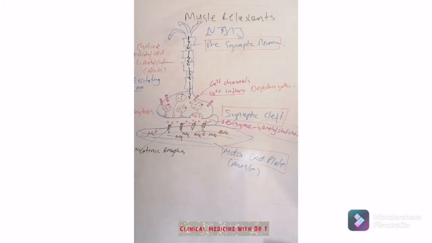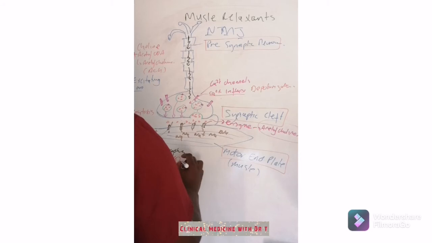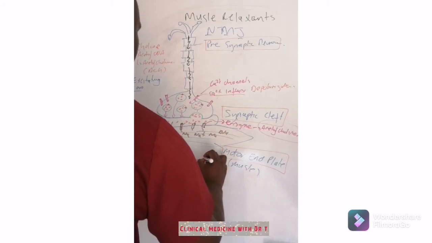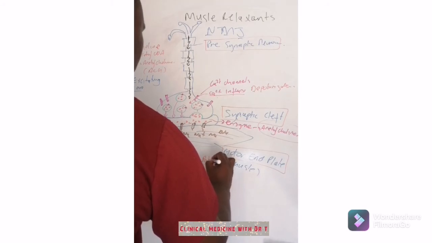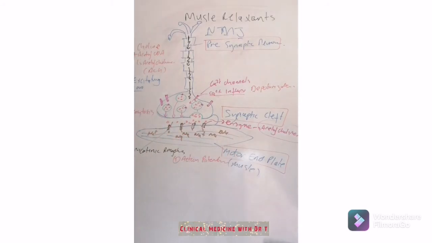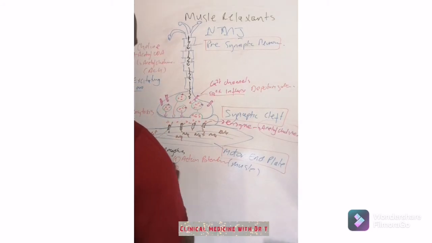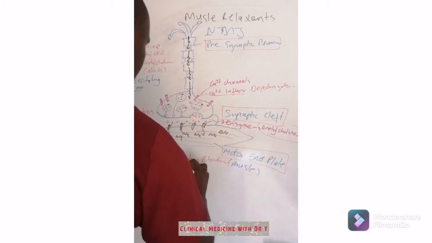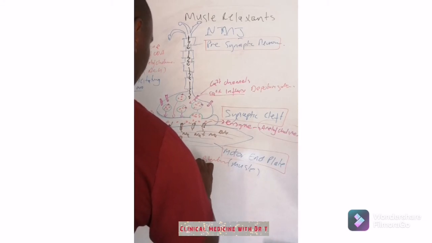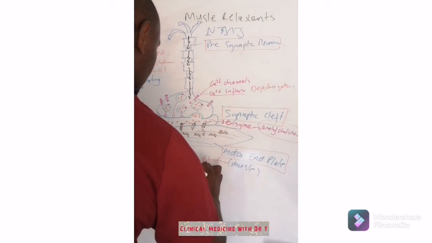So guys, let me see if I can make a summary of these steps. The first step is that we have an action potential that has been generated and has been transmitted down the axon into the end bulb. Once it gets there, it causes calcium channels to open.